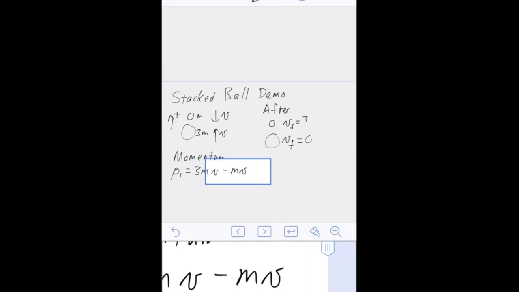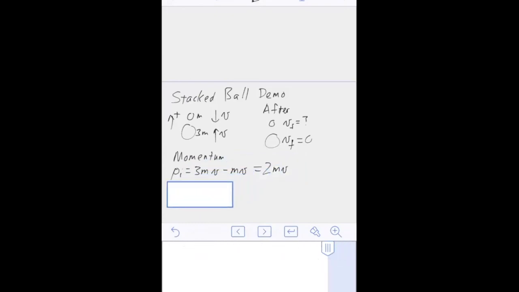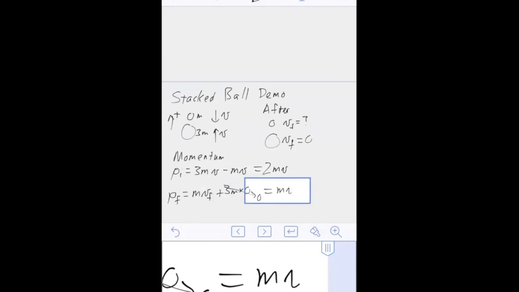So I've got 3mv minus mv, which simplifies to 2mv. Now P final: we've got the mass of the little ball times v final, plus, just for completeness, the momentum of the other ball, but that has a velocity of 0, so this term is clearly 0.